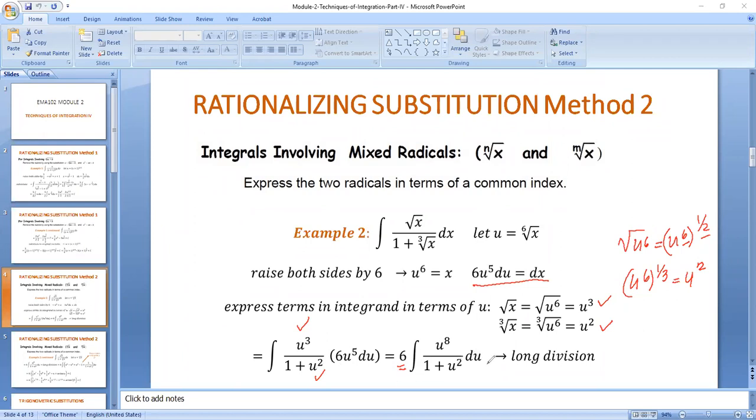If you look at this expression, which is a fraction, a rational expression, the degree of the numerator is higher than the degree of the denominator because this one is raised to 8, this one is raised to 2, then you need to do long division first. You're not going to integrate yet, but you're going to do long division. That way you can simplify further and then integrate your expression.